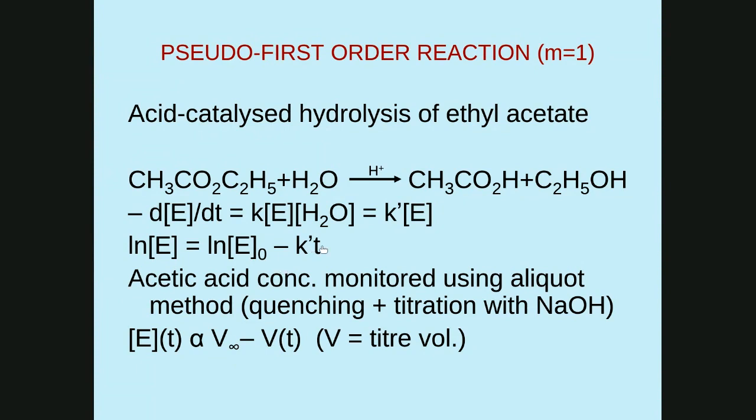So the idea then is to plot ln of V infinity minus Vt against t. And that should give you a straight line with a negative gradient equal to minus the pseudo first order rate constant, which is K times concentration of water. Yeah, that is the aim of that experiment.